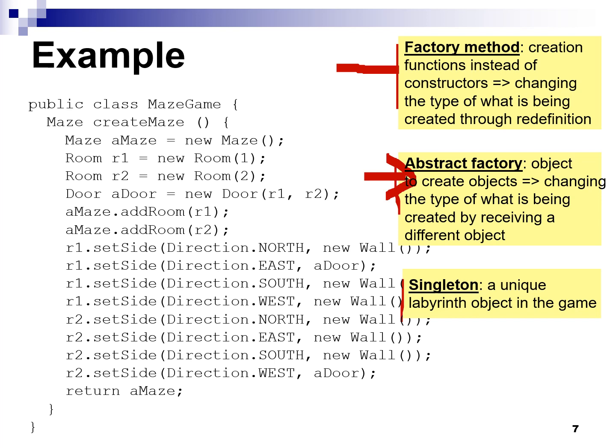And therefore, by passing here as a parameter different abstract factories, we will be able to change what is created here, the type. And then we will also use the singleton to ensure that there is a unique labyrinth object in the game, and that this labyrinth object can be accessed at any point in the program.